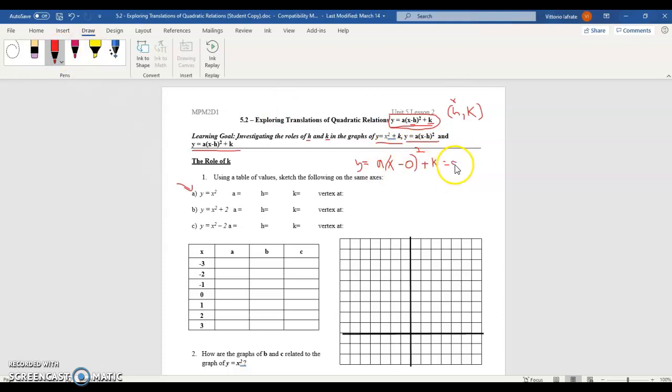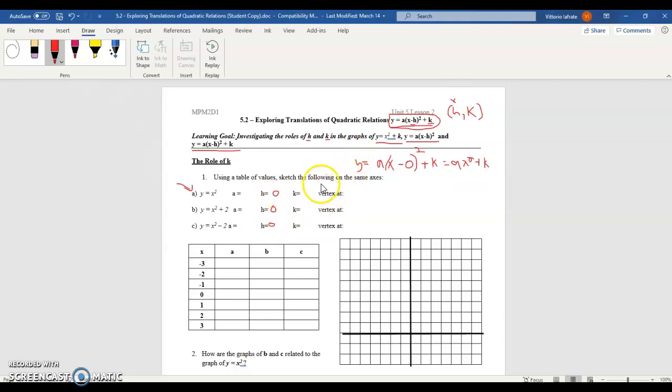So in reality it would look something like this. You would have a, and then x − 0 is just x, so ax² + k. So when h is 0, you basically just have your ax², plus or minus your k value. So in each of these situations here, our h is 0.